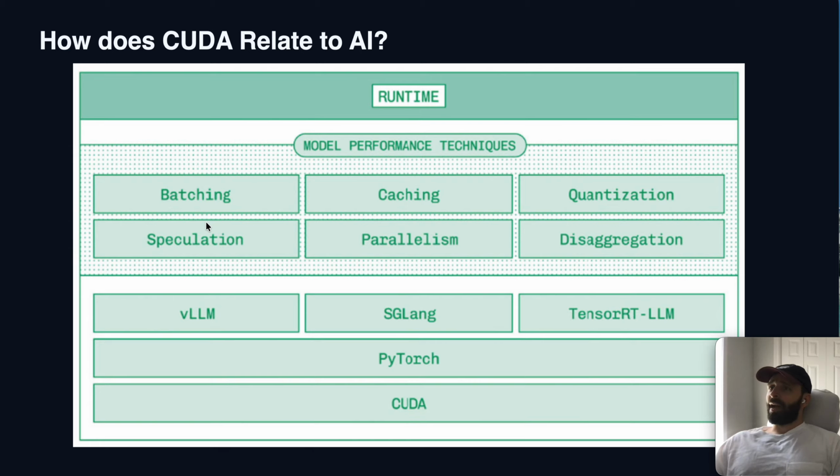I copied this diagram from the ebook called Inference Engineering. In here, you can see that there are frameworks such as PyTorch and TensorFlow at this layer. And these frameworks dispatch the actual computation to the optimized GPU kernels underneath them.